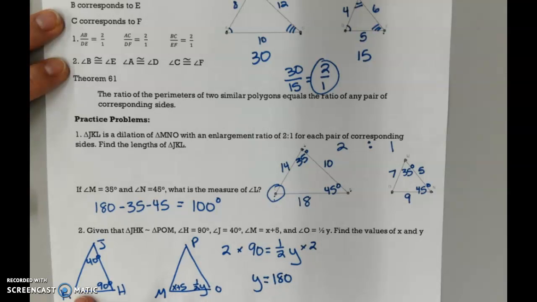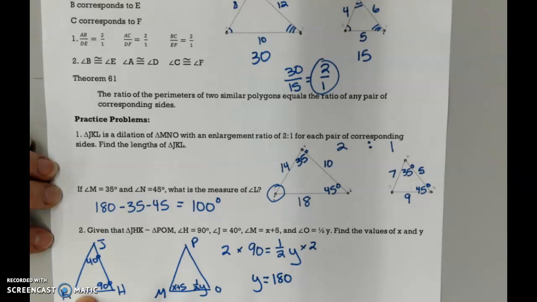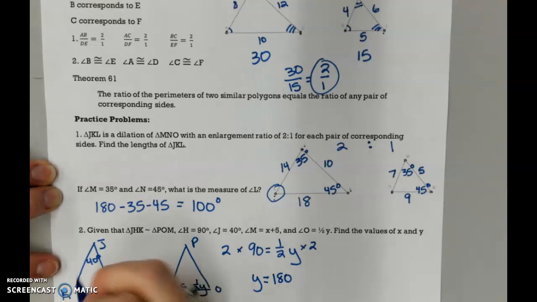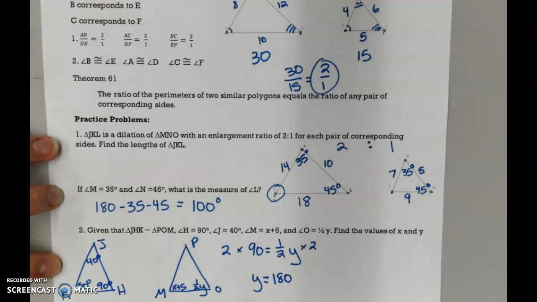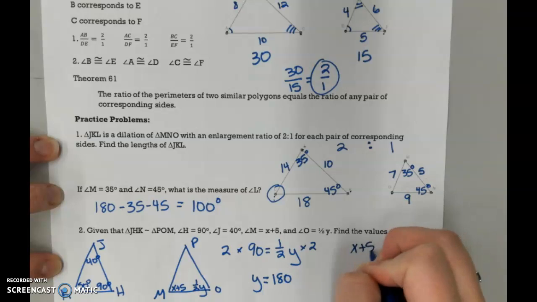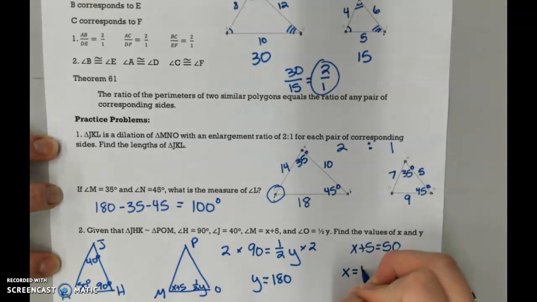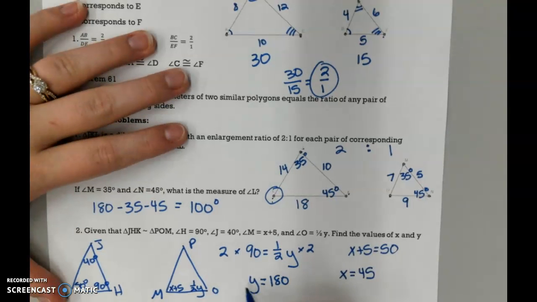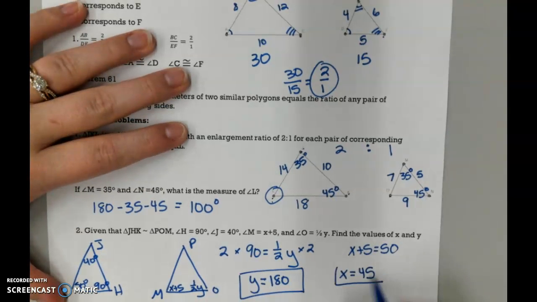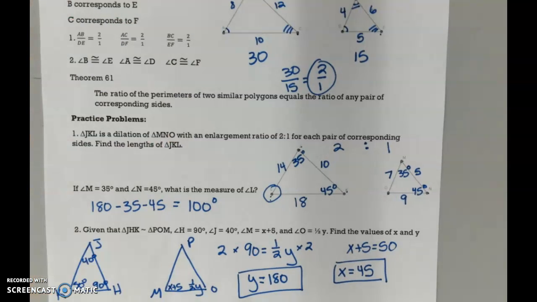Angle M corresponds to angle K, so they're going to be congruent, but I don't know what K is. But I do know the other two angles, so I can find that K is going to be 50 degrees. So x plus 5 is equal to 50. I subtract 5 on both sides, and I get that x is 45. So there's my x and my y. And that's going to wrap up our notes on 8.1 and 8.2.